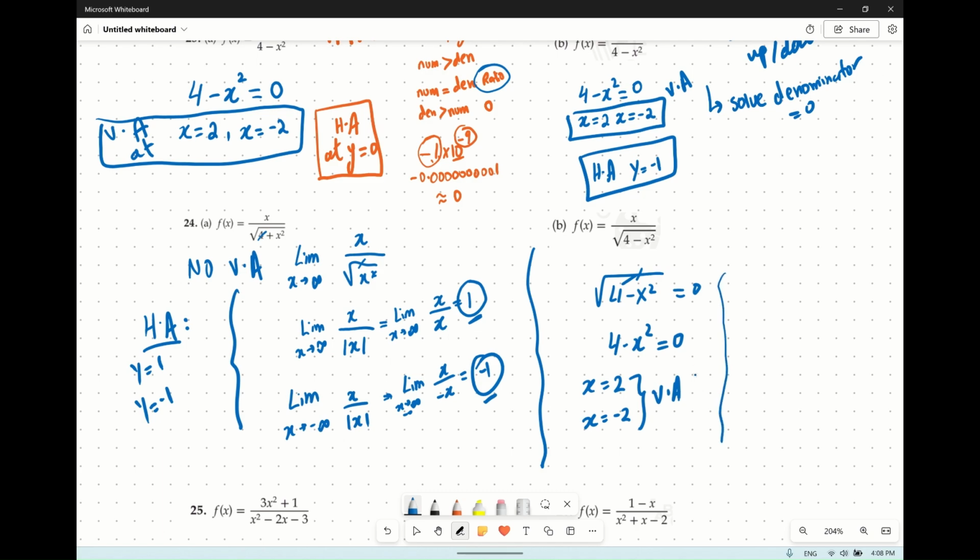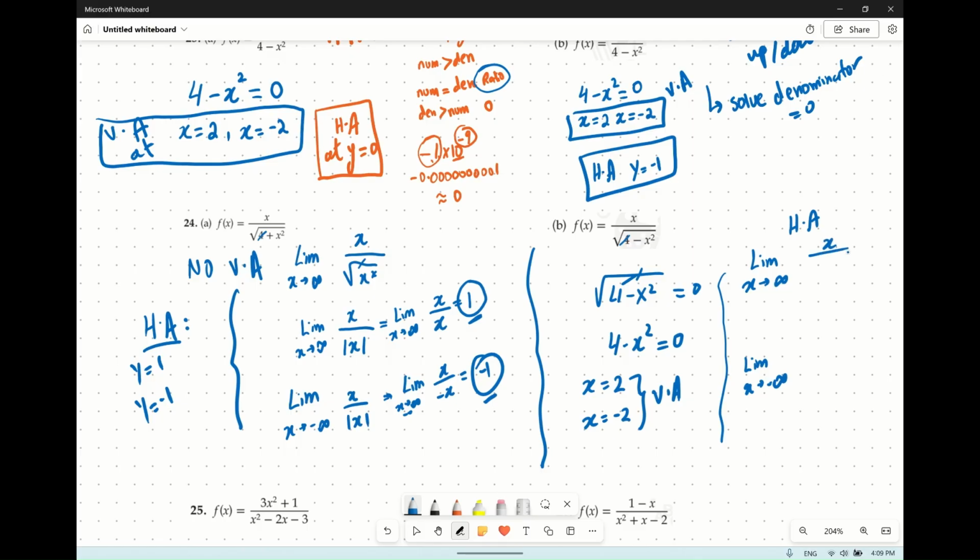Now we do the horizontal asymptote. When I do the horizontal asymptote, again, I need to check the limit as x approaches infinity, and the limit as x approaches negative infinity. Now notice here with me that for 4 minus x squared, we get rid of anything except the term with the highest power. Here it is negative x squared.